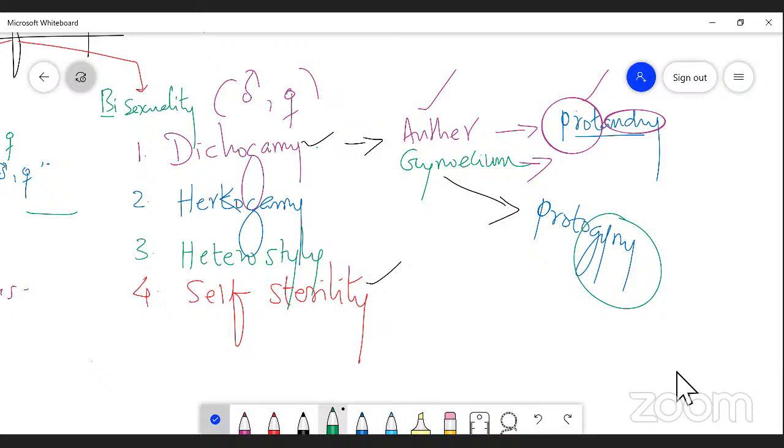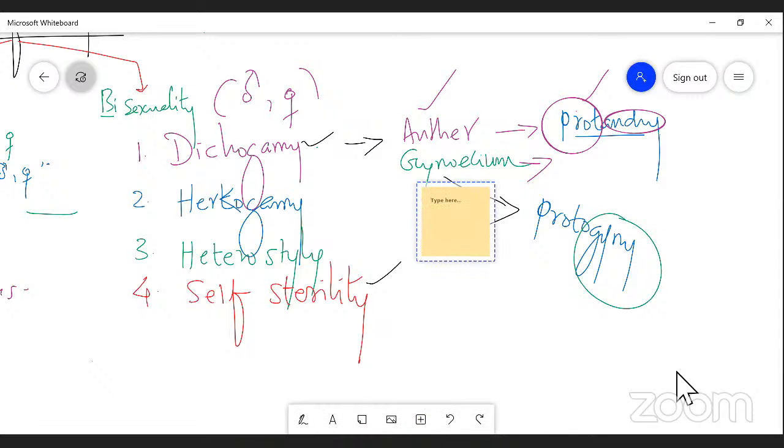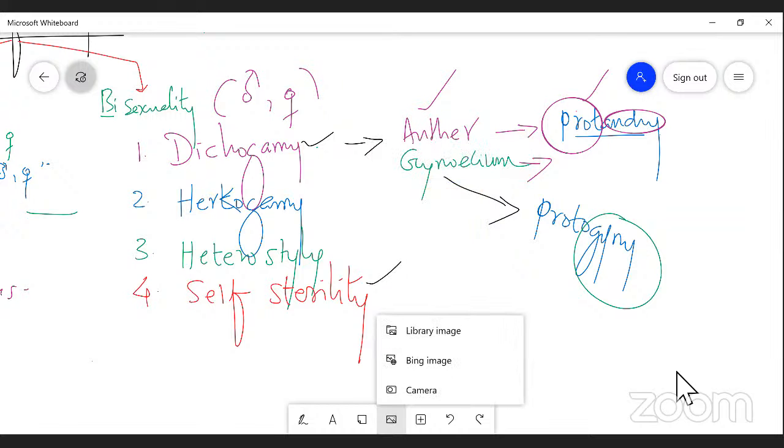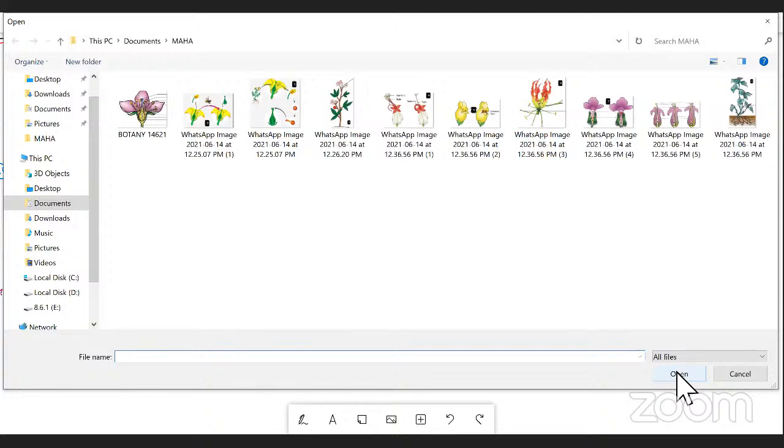For that, I would like to show some diagrams. Students, please listen, it is a very interesting area. You can see the development of both androecium and gynoecium.